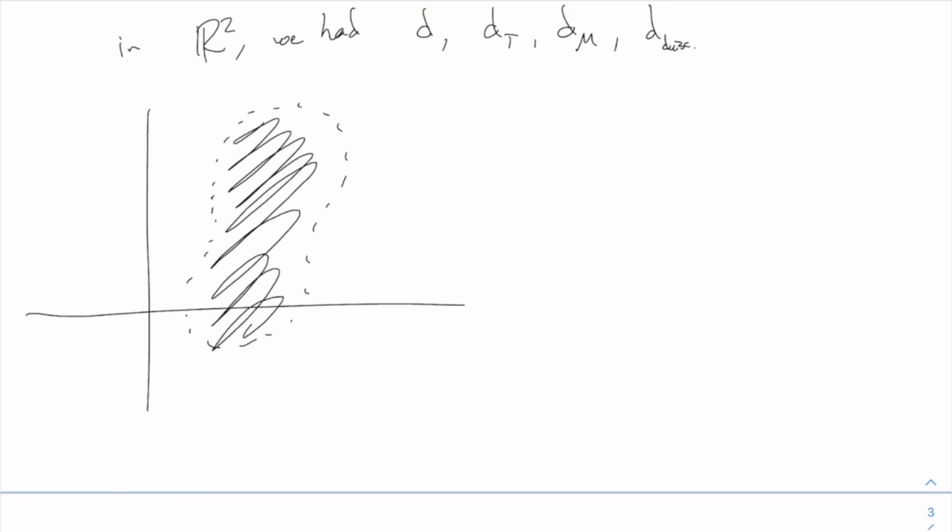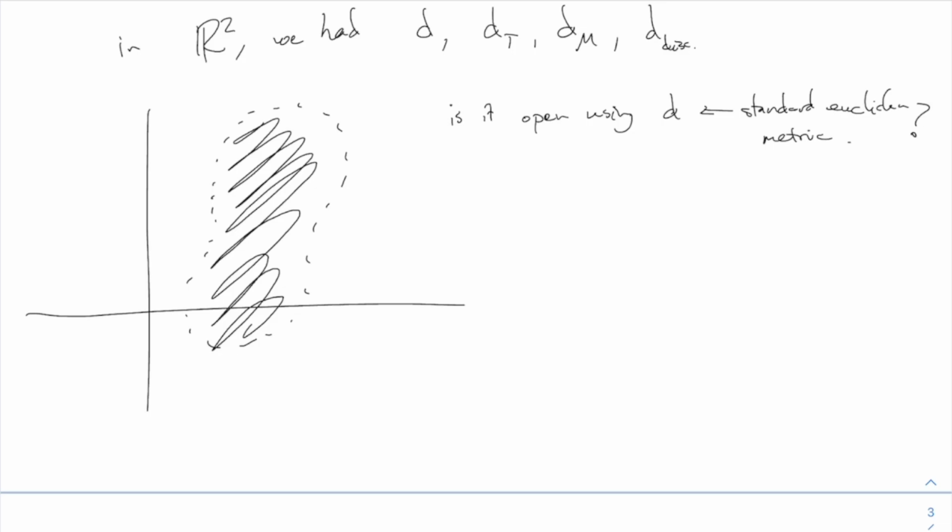First of all, is that set open using the standard D, that is to say the standard Euclidean metric?